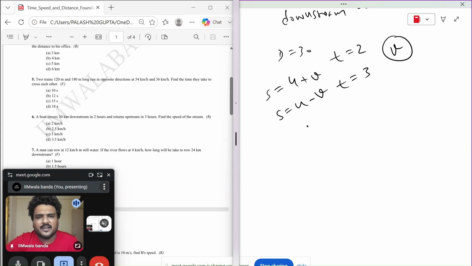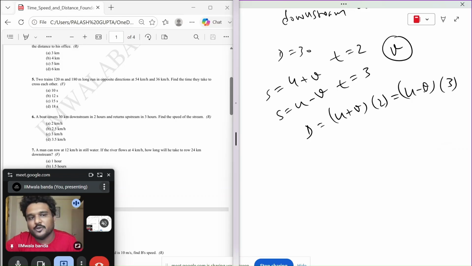So basically distance is speed into time, and in both cases the distance is the same. U plus V into 2 is the distance, and U minus V into 3 is again the same distance, which itself will be 30. So if you look at these two equations, you can see 3U, you can see 2U. So 2U goes there and becomes only U. You see minus 3V here and plus 2V here.